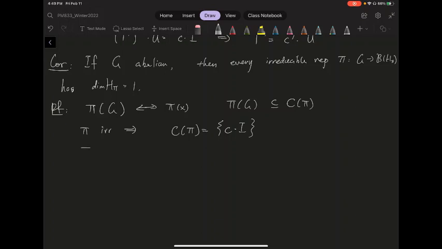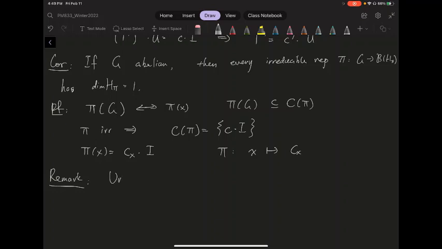Okay, so each of these pi x is essentially just equal to cx times the identity, or you can think about this pi as a map from G to the cx. Okay, so pi is essentially just x maps to cx, so you can treat this H pi as a one-dimensional space. Okay, so in other words, let me just make the quick remark as we already noticed.